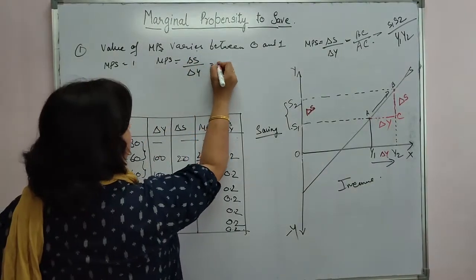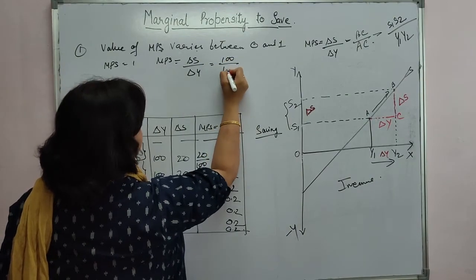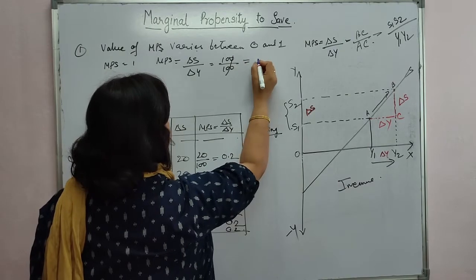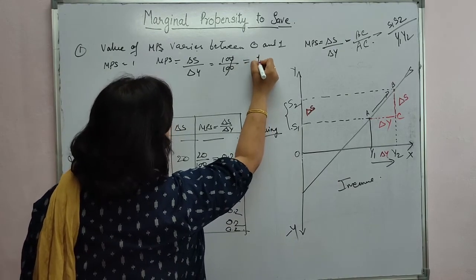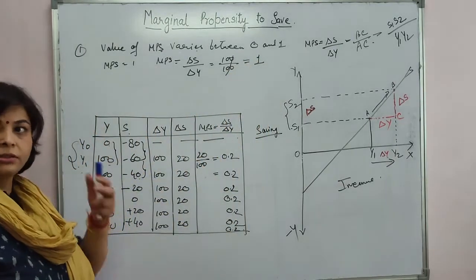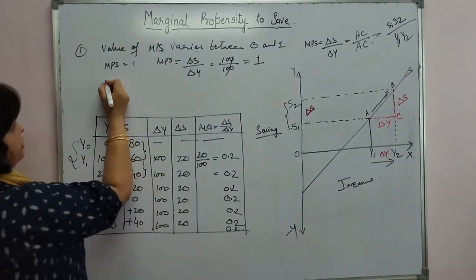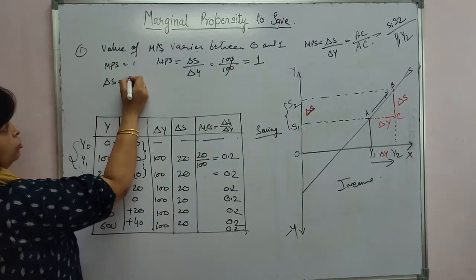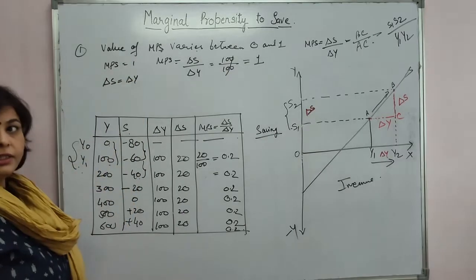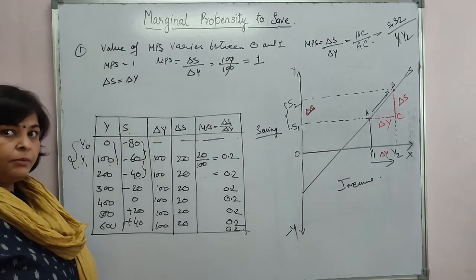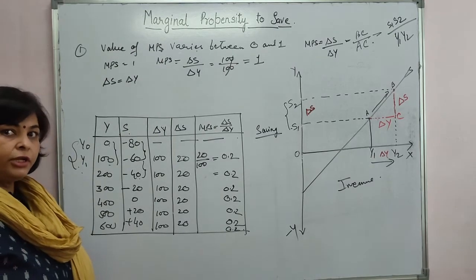Suppose delta S is equal to 100 and delta Y is equal to 100. In that case, we can cancel it off and the value will be 1. So, in this case, delta S is equal to delta Y. That means whatever change is there in the income, it will be saved.